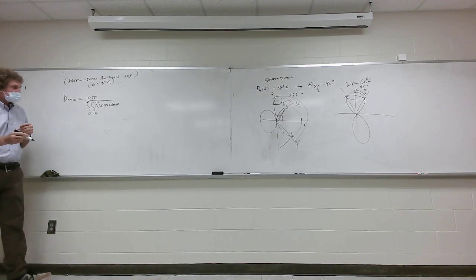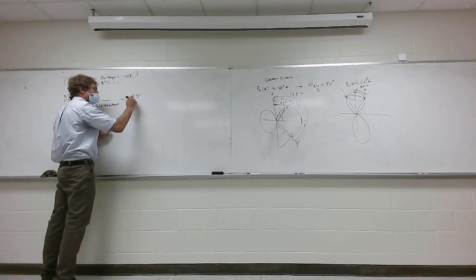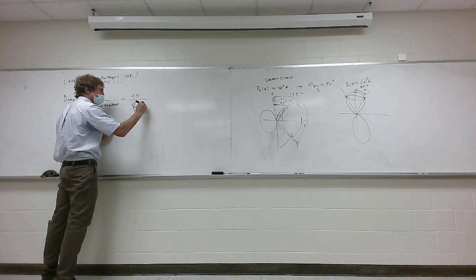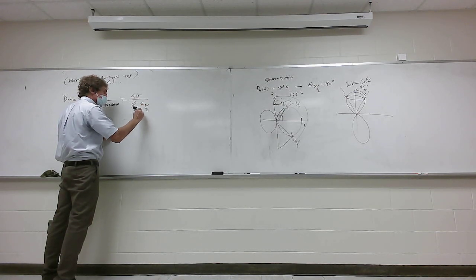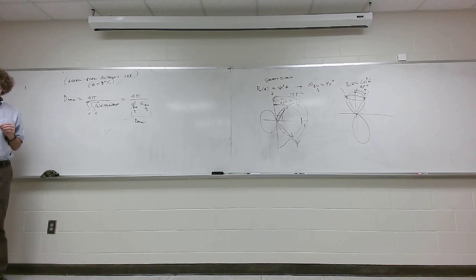Now the truth is this really is 4 pi over the half power beam width in the phi direction times the half power beam width in the theta direction, where both of these measurements are in radians. And that's very close to the actual directivity maximum.